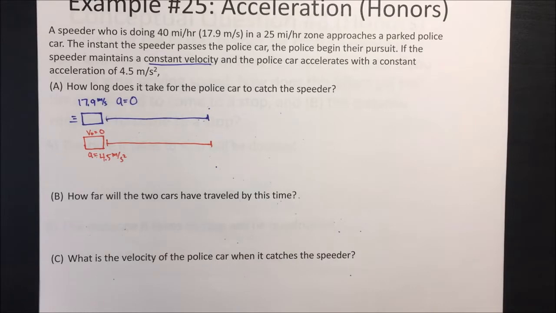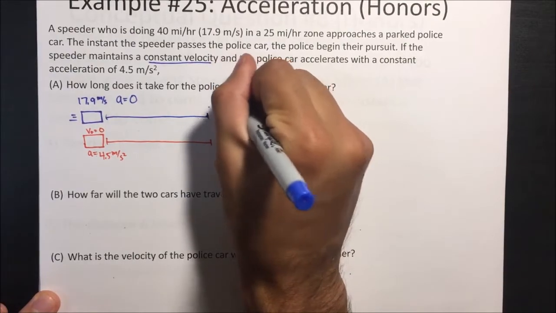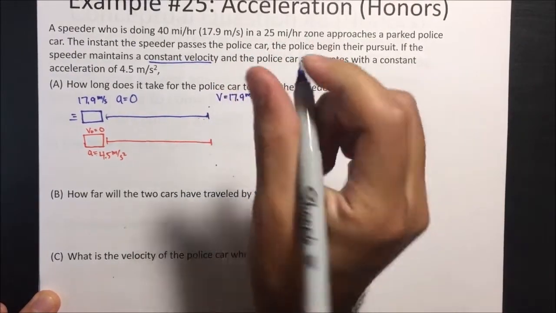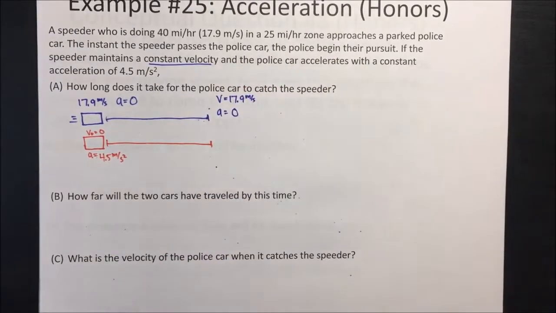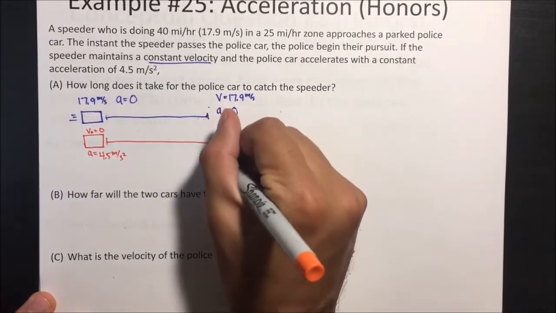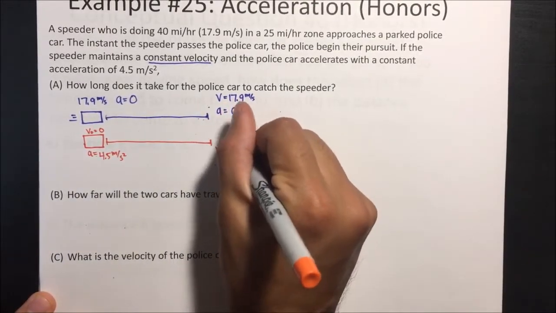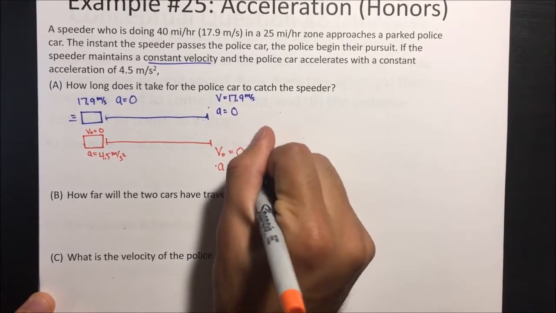So let's just write down everything we know for both of these people. The speeder has a velocity of 17.9 meters per second, and an acceleration of 0. The police car has an initial velocity of 0 and an acceleration of 4.5 meters per second squared.